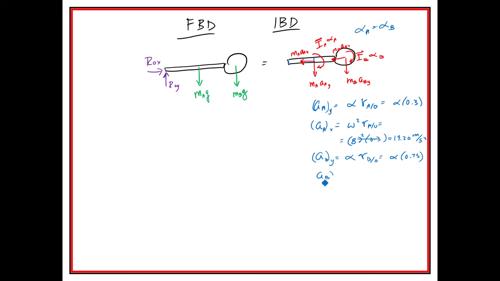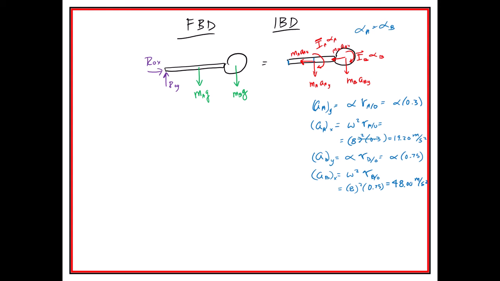And for B in the x direction, it's going to be omega squared R_B with respect to O, or just 8 squared times 0.75, and it ends up being 48.00 meters per second squared. I think I wrote the wrong thing on my page, that's okay.